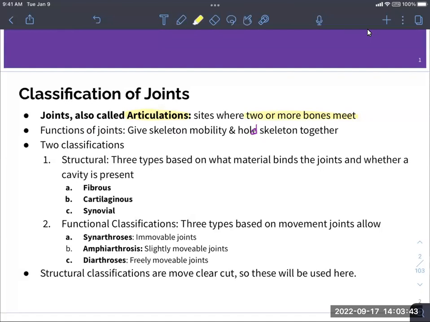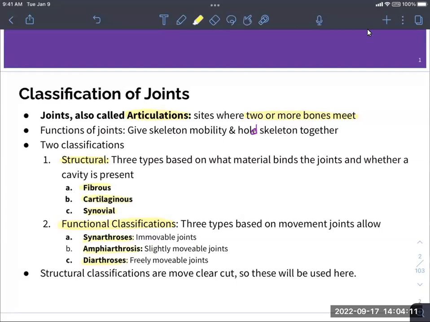We have a structural classification of joints and a functional classification of joints. Joints can be either fibrous, cartilaginous, or synovial, and they can be synarthrosis, amphiarthrosis, and diarthrosis.